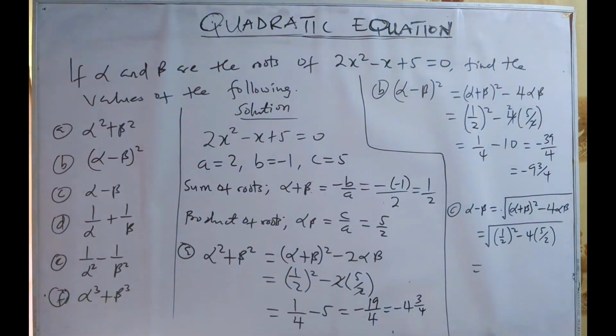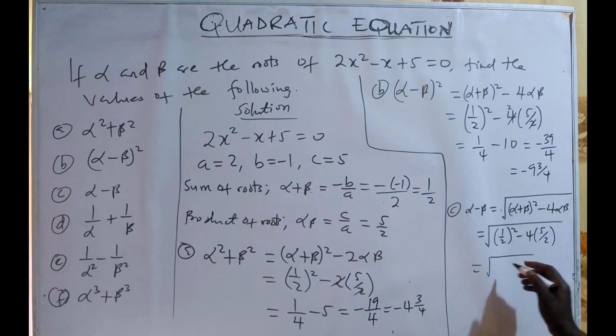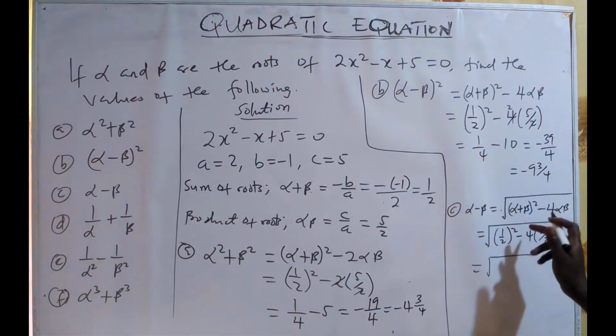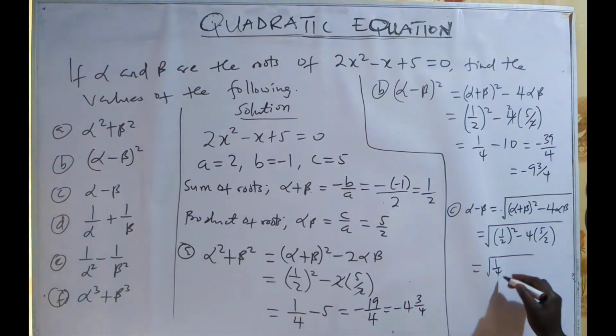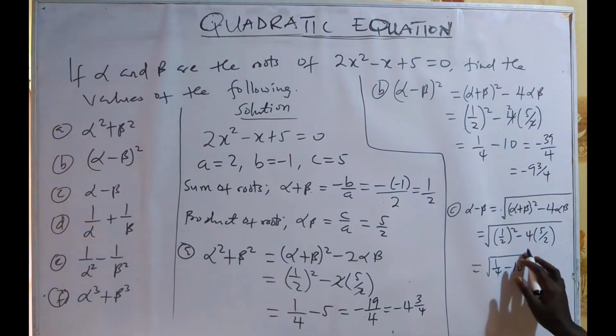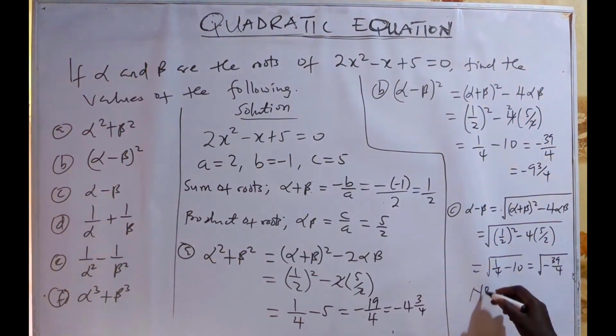Okay, so we are going to have 1 over 4 minus, that is 10, and that will give us square root of minus 39 on 4.